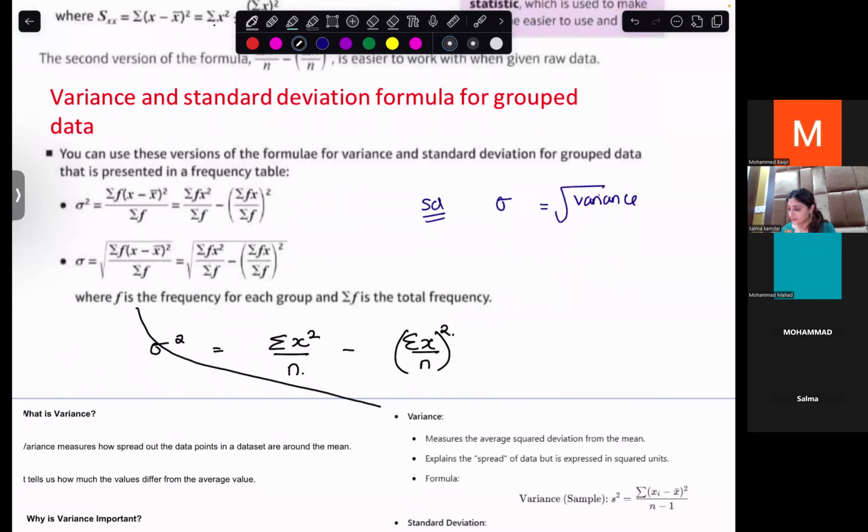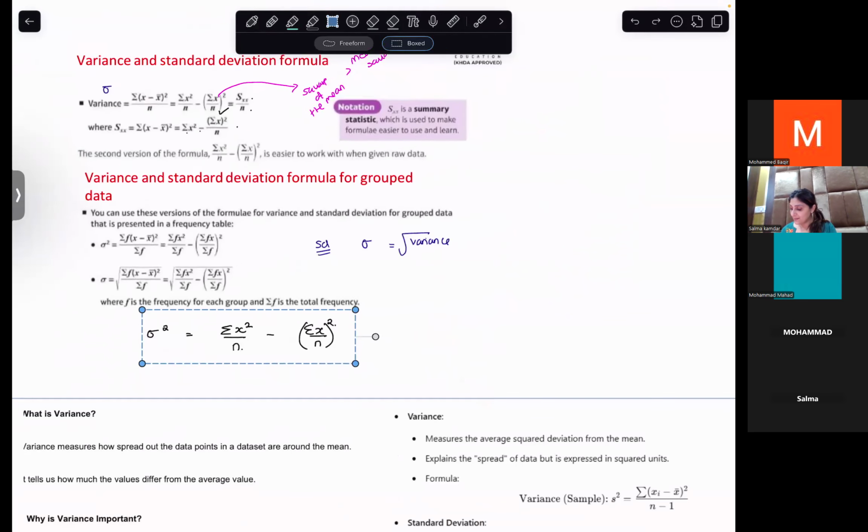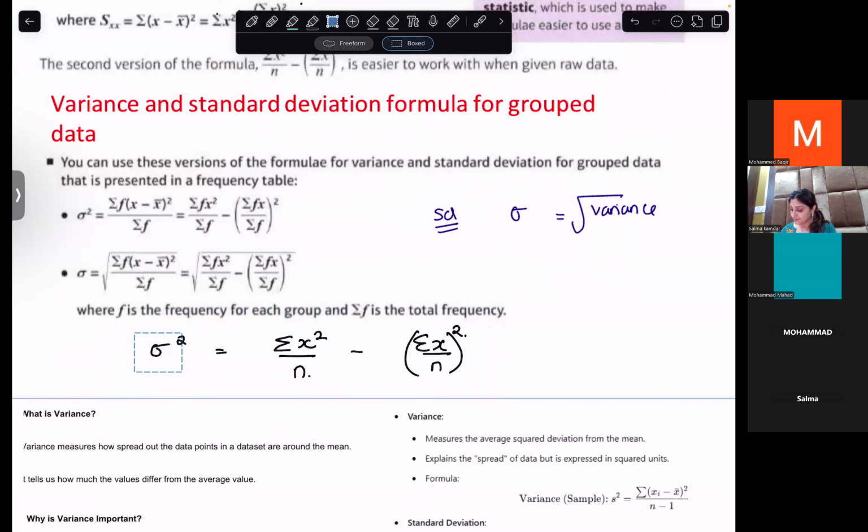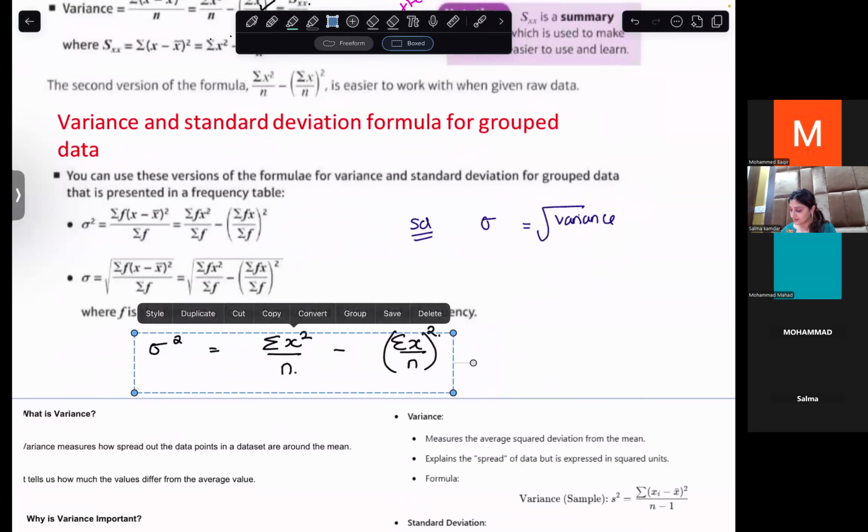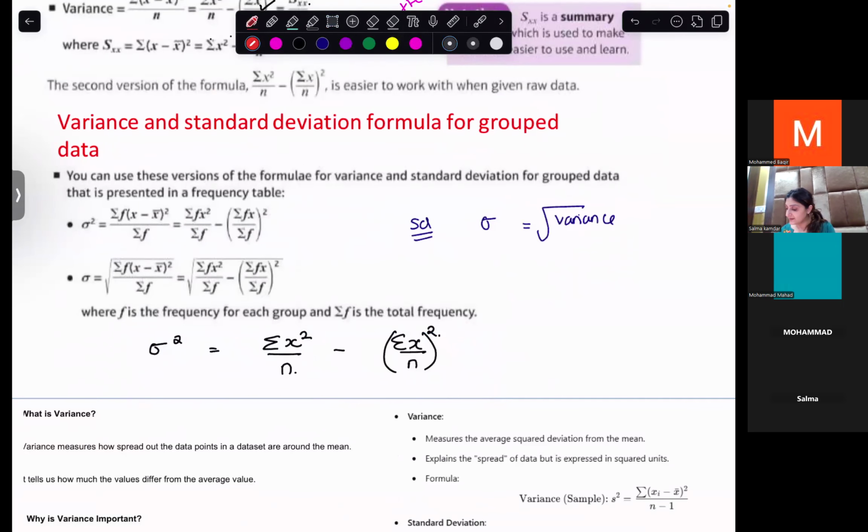Formula for standard deviation would be square root of mean of the square minus square of the mean. The way you write it is very important.